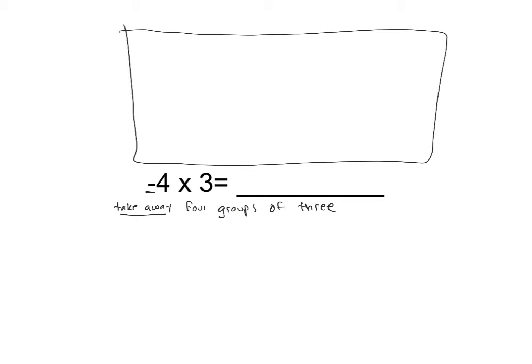But I can create some 0 pairs. So I'm going to do that. I'm going to start with making 4 groups of positive 3. There's 1 group, 2 groups, 3 groups. So there's 4 groups of positive 3.